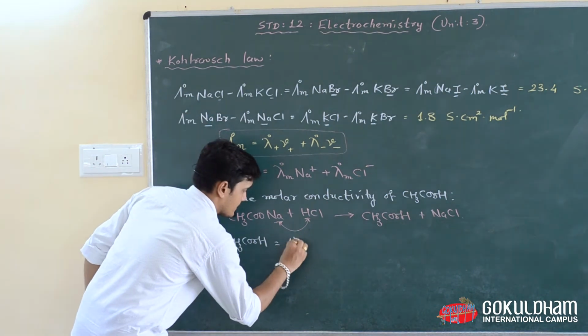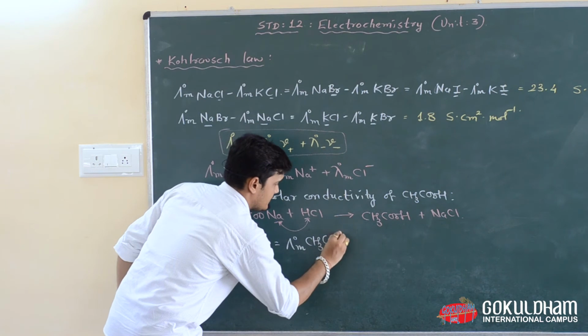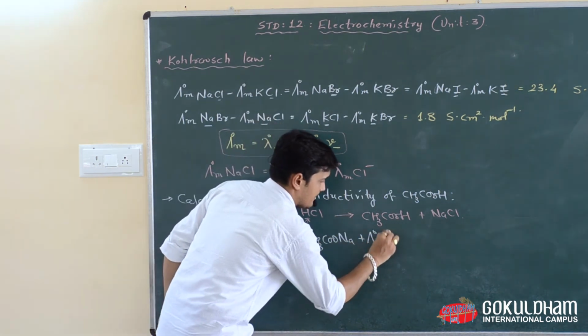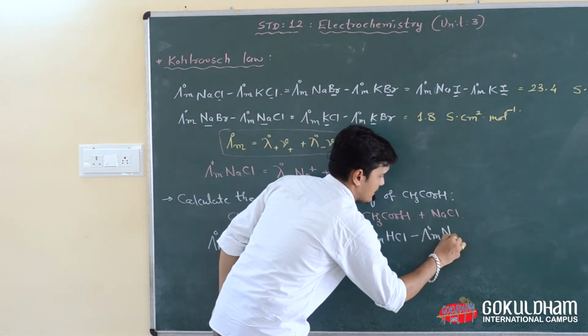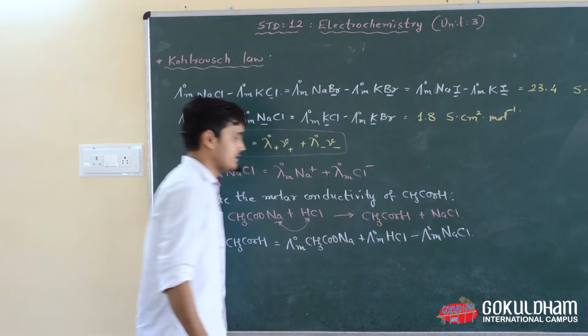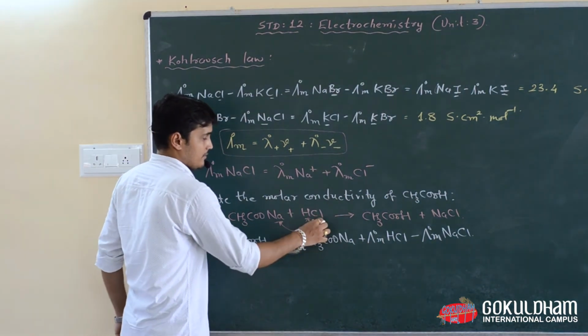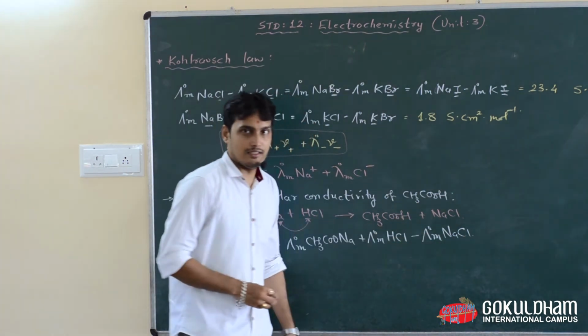Means lambda 0 m CH3COONa plus lambda 0 m HCl minus lambda 0 m of NaCl. What we do? Sodium acetate plus HCl minus NaCl.